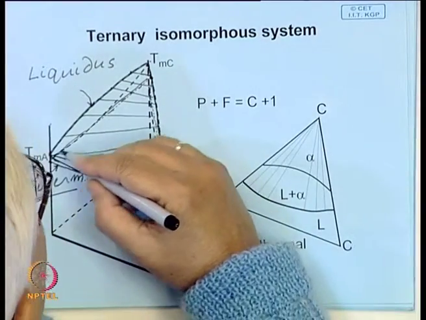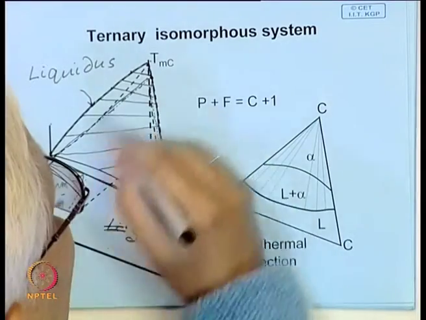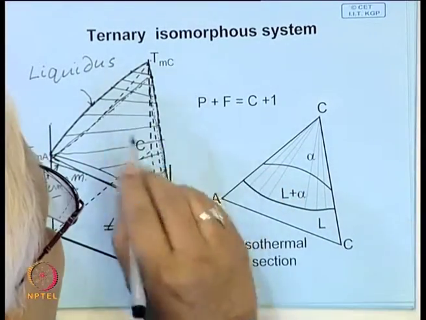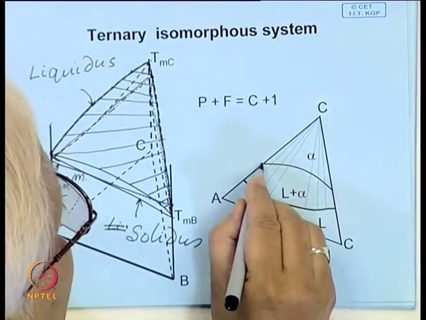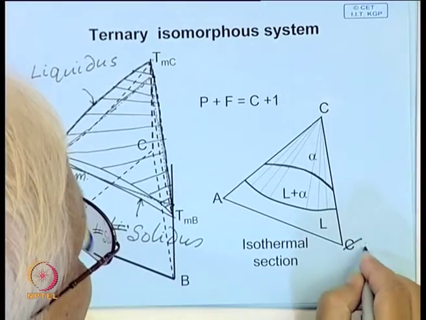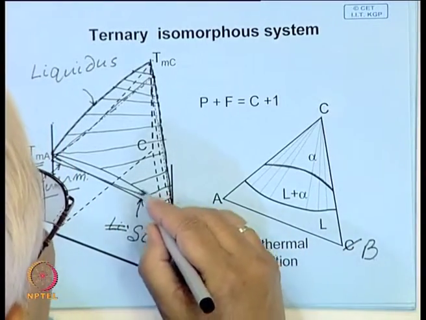So, on one side it will cut the solidus line. This is A and C. This plane first meets that solidus line, this is B, and the AB end is still liquid.